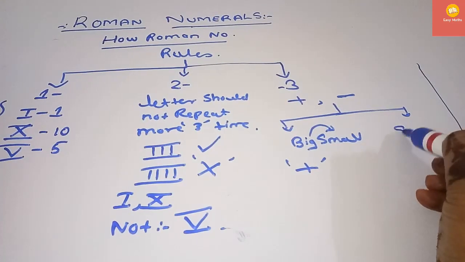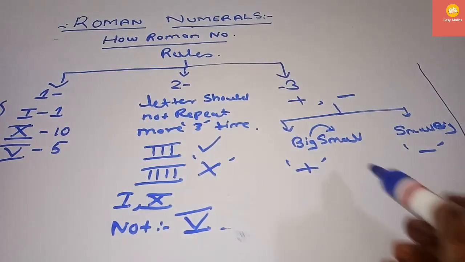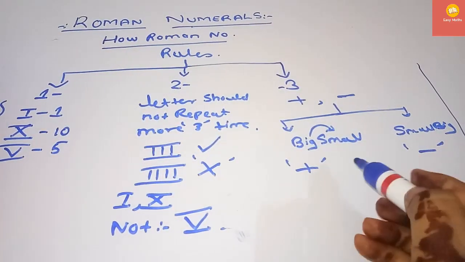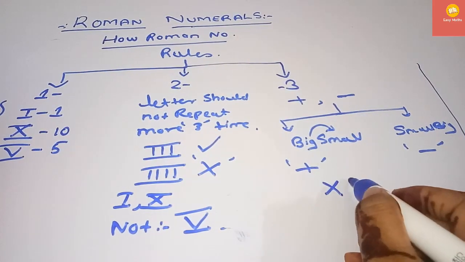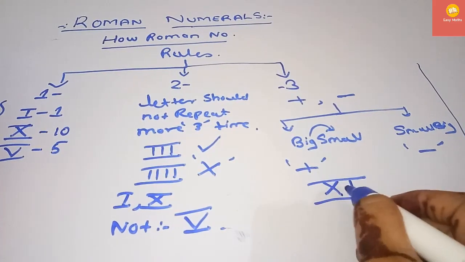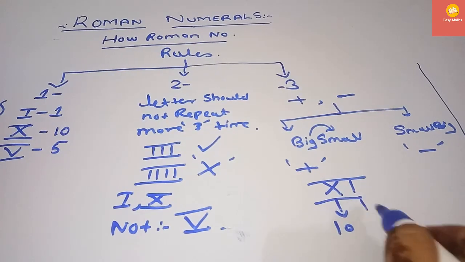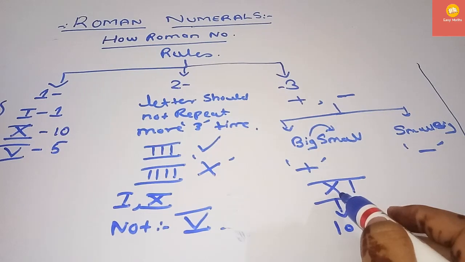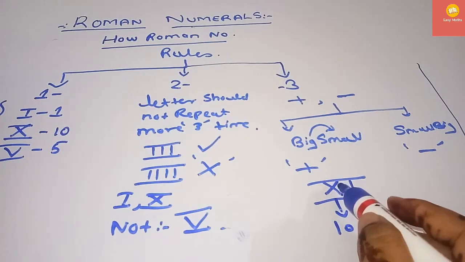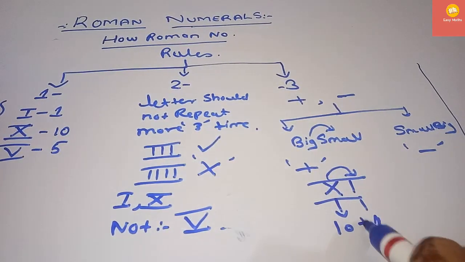When the small number appears on the left hand side of the big number, then we do subtraction. Don't be confused, I'll explain in detail. This is 10 and this is 1. 1 is a small number, X is a big number. The small number appears on the right hand side, so we do addition.